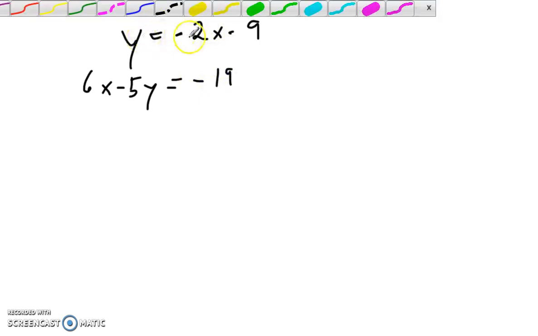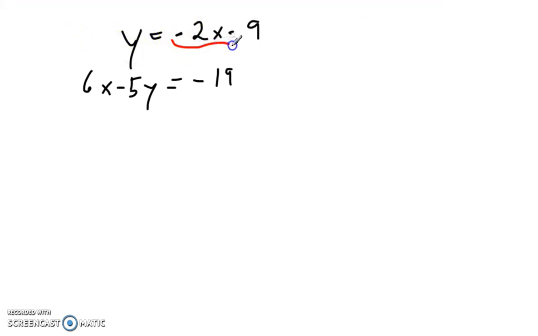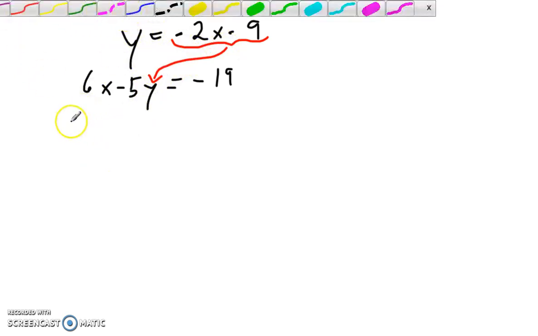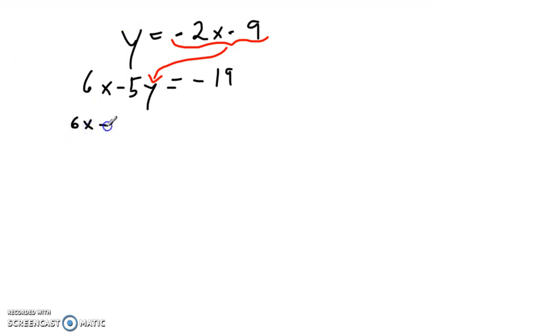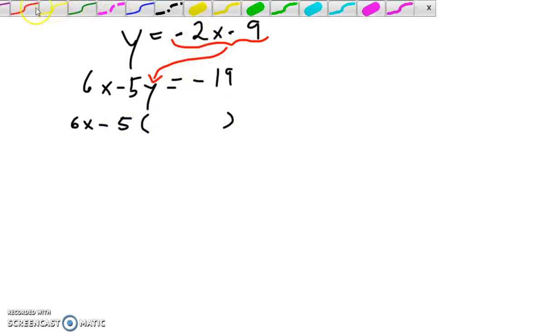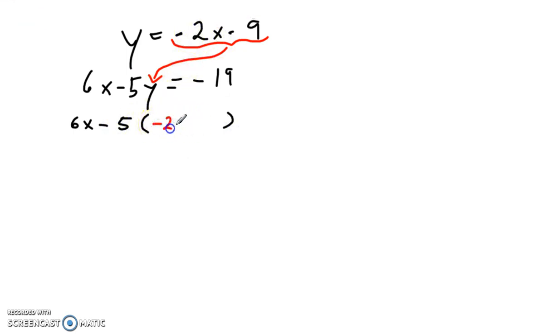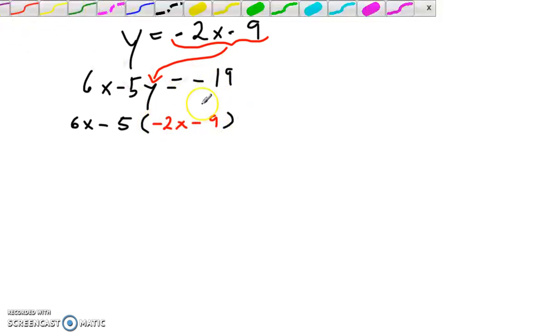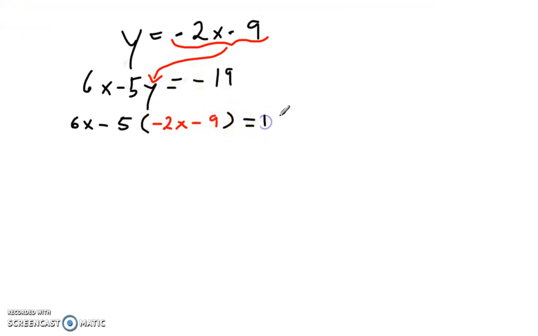All right, now I know that y is also negative 2x minus 9. I can't solve an equation with 2 variables, but I can replace y with what I know about it. So I'll plug that right in there. Then I'll have 6x minus 5, and now we're going to replace y with what we know about y. Negative 2x minus 9, and that is equal to negative 19.